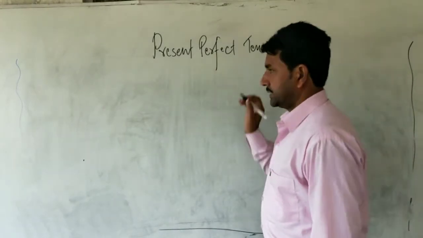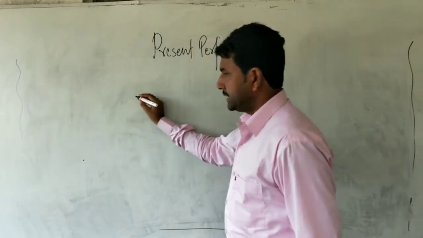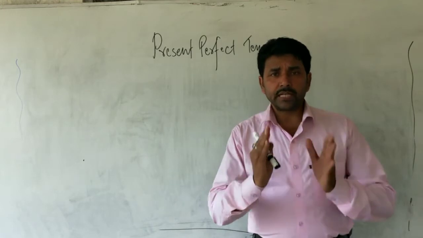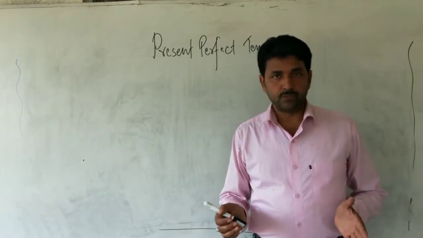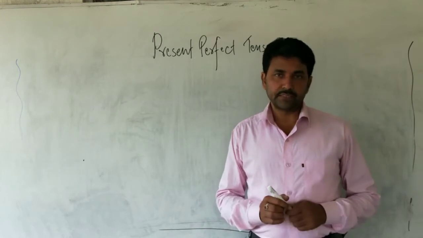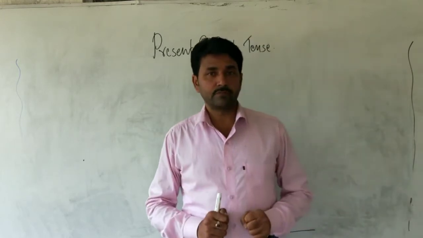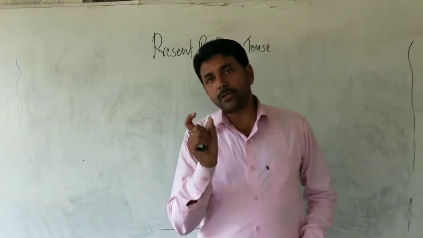Present perfect tense. When we say the action is important and not the time, we use present perfect tense. For example, I have done my homework. Here, I have done my homework.